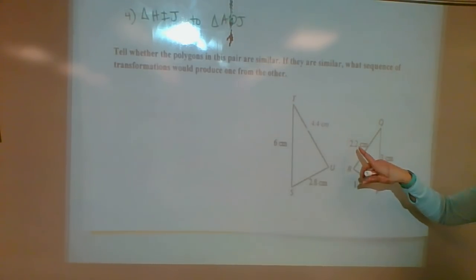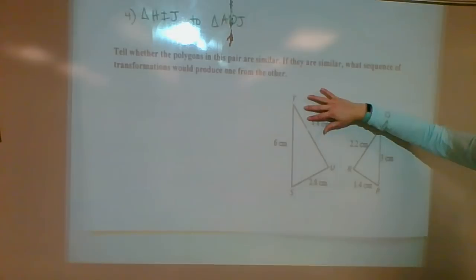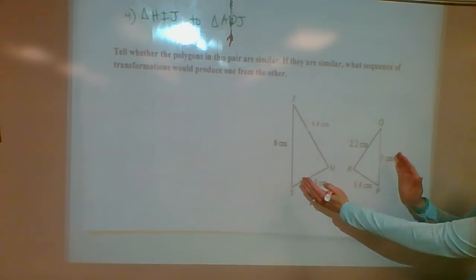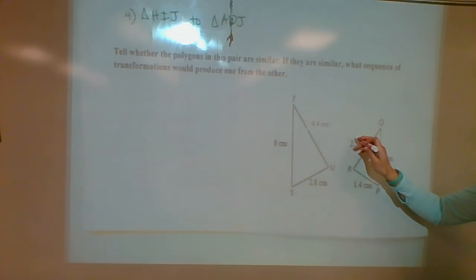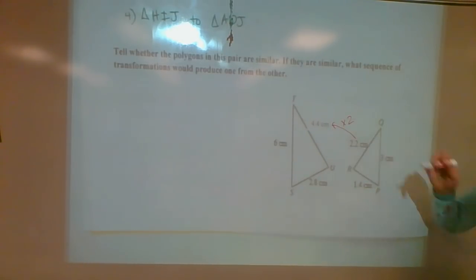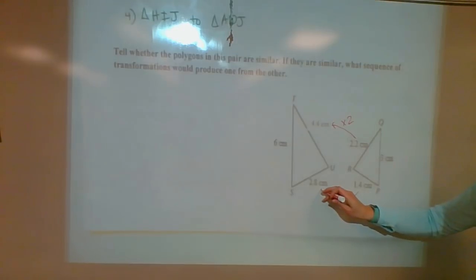So for example, 2.2 to 4 is not the same length. Okay. This is my medium size of the triangle compared to my shorter sides and my longer sides. So these two medium sides are not the same, but I can take 2.2 times 2 to get 4. Okay. I could also take the two shortest sides, 1.4 times 2 to get 2.8.